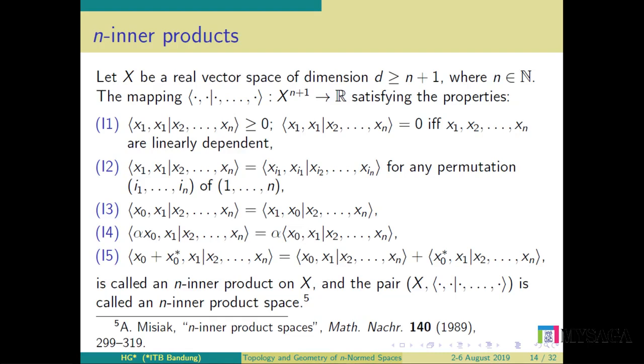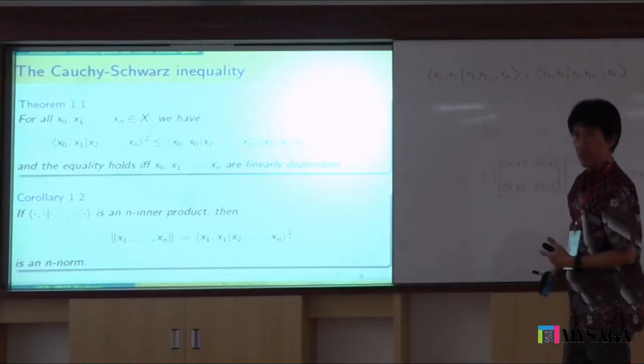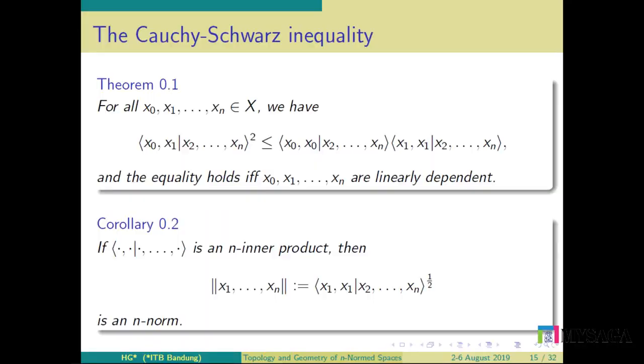The third property is permutation between the two vectors on the left, and the fourth property, you can multiply by a scalar, and then the fifth property. The fourth and fifth properties are linear properties of the n-inner product. And the Cauchy-Schwarz inequality you can easily prove because basically you can forget about x2 up to xn.